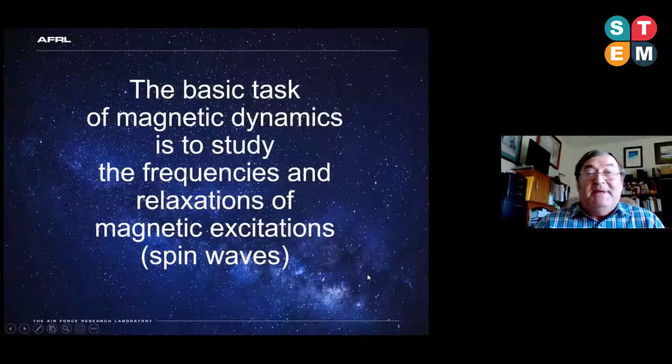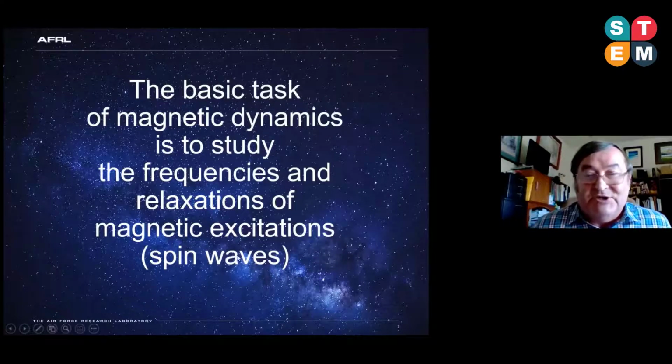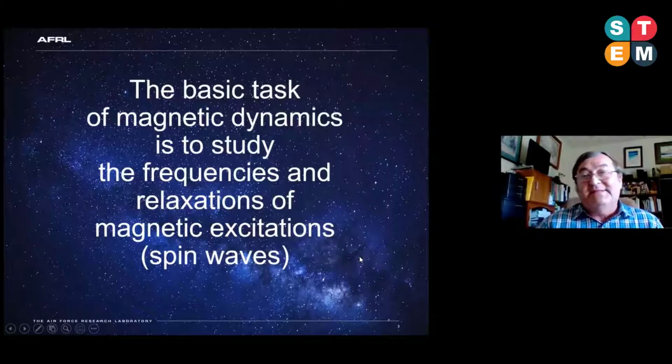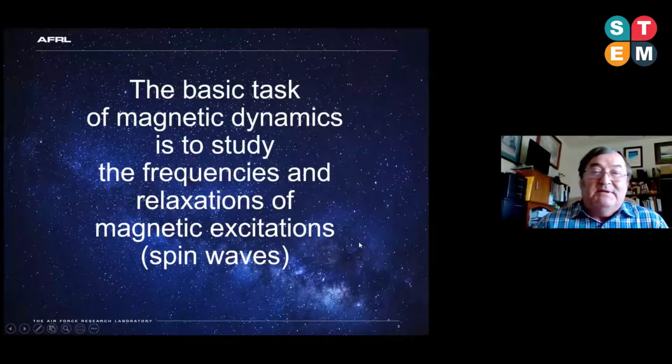Okay, the basic task of magnetic dynamics is to study the frequencies and relaxations of magnetic excitations, spin waves. This problem is well developed, and every new magnetic material is studied regarding its spectra and relaxations.